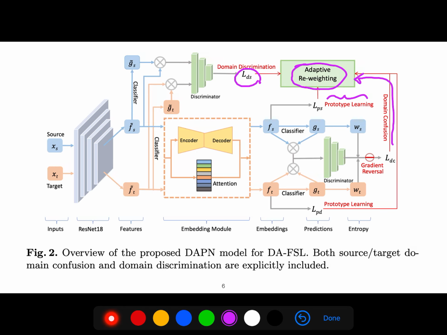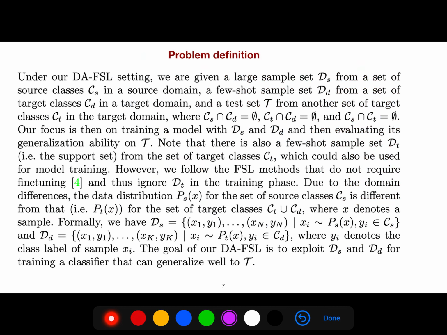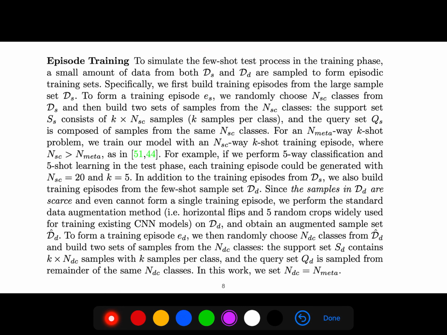So we'll go through different components of that. So we have a data set, and you know that source and target don't have any intersection. So we create the support and query for them.